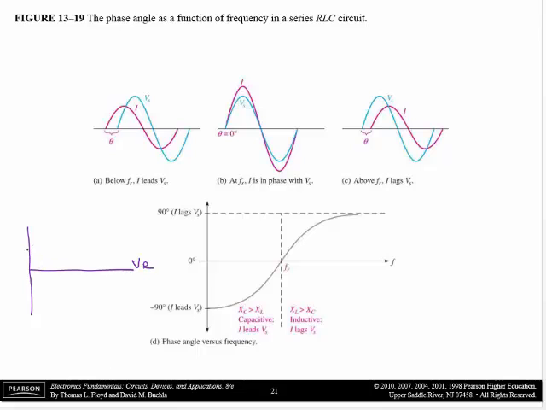If we end up with an inductive circuit, we have V across the C and L being that way, and then V source here. So when it's inductive, you have a positive phase angle, but in the opposite case, going down into this quadrant, if you had a capacitive circuit, then the phase angle goes negative.